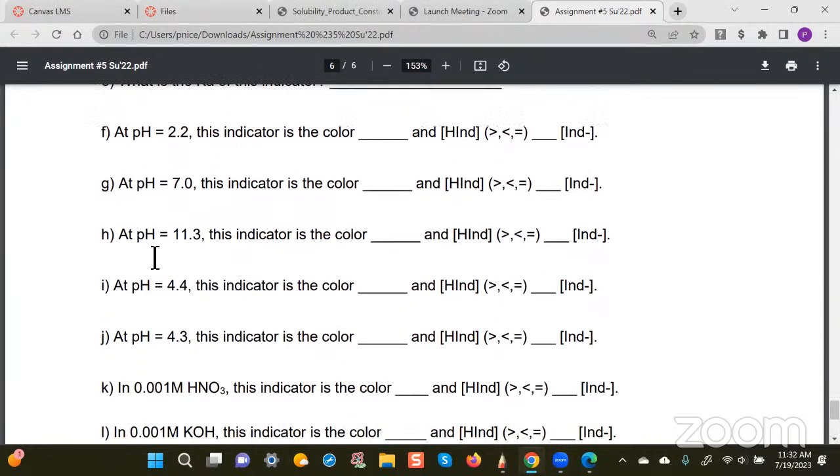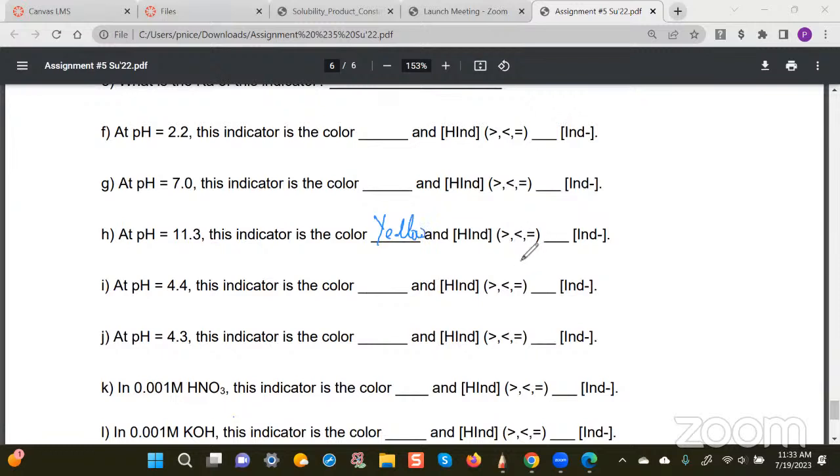Okay, so now we get to pH 11.3. What would be the answer for the color, that is? Yellow. Okay, I'm sorry, let me do this again. So this is pH 11.3, yellow. All right.